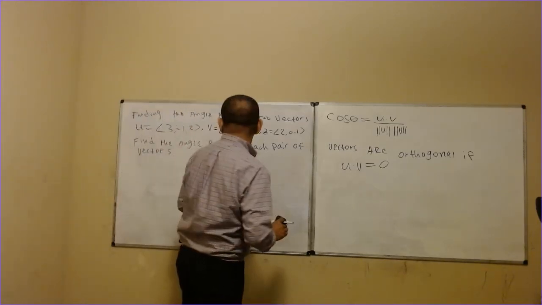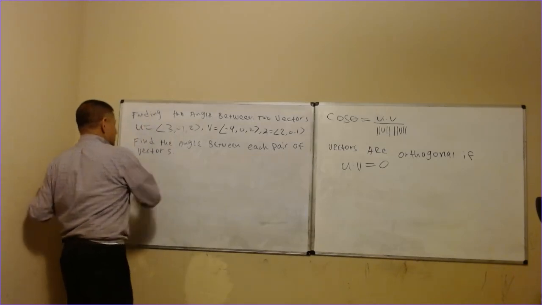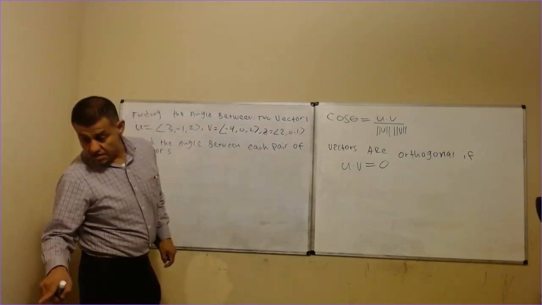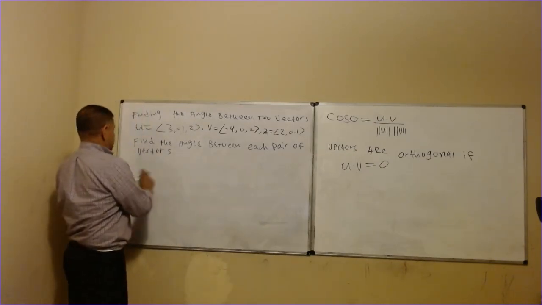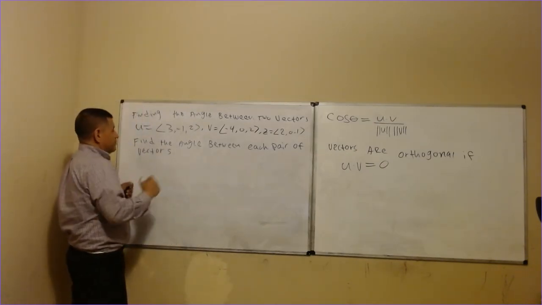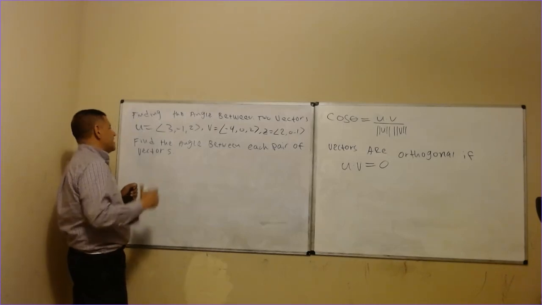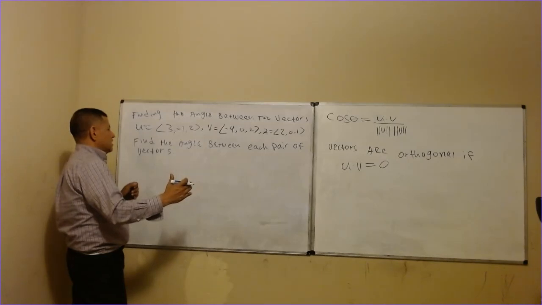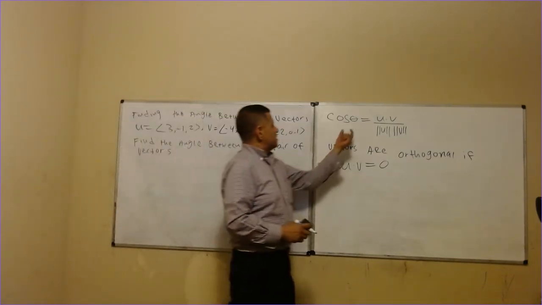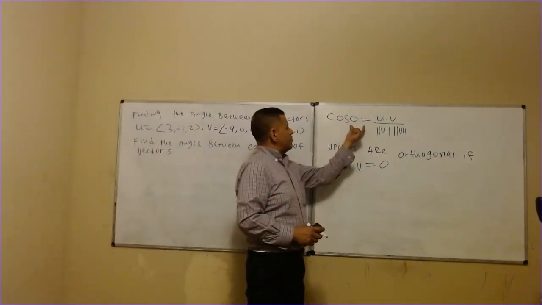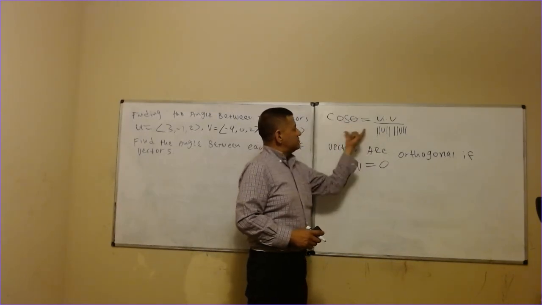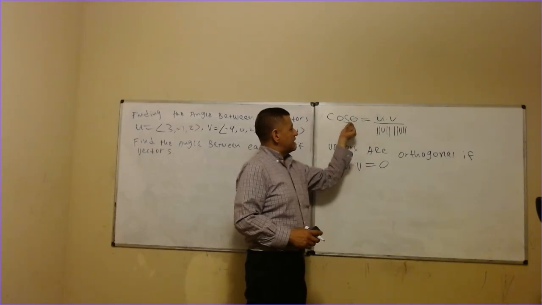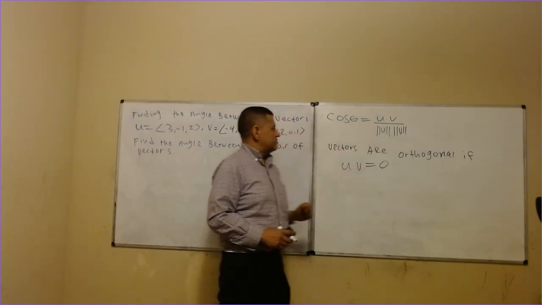When I do the dot product of u and v, I'm going to take the product and then the magnitude of each vector. That is going to give me this number, and I'm going to get that angle.